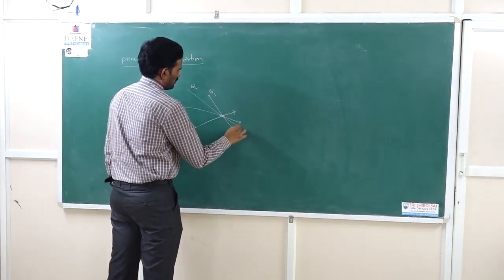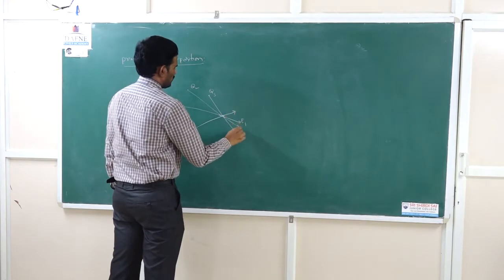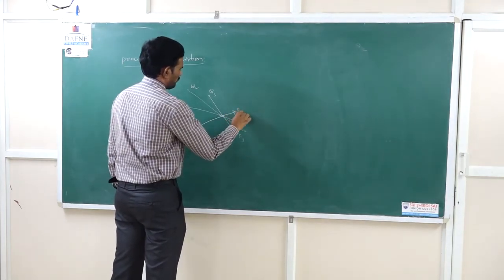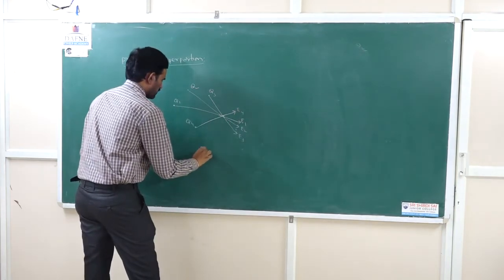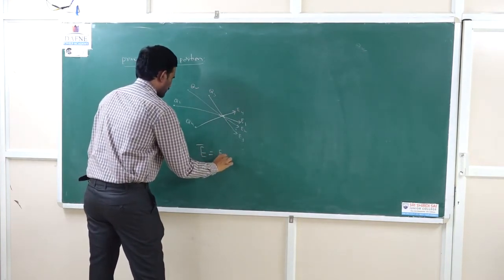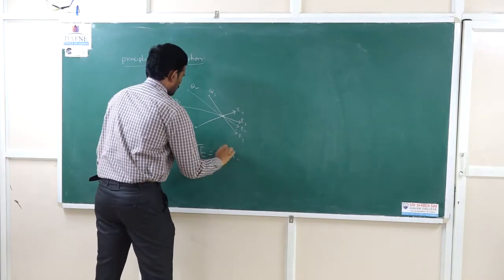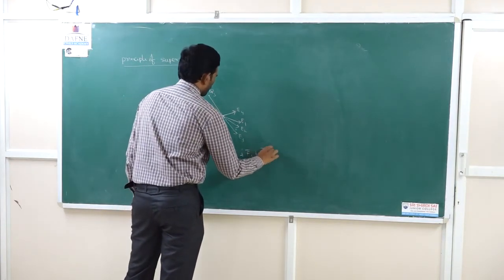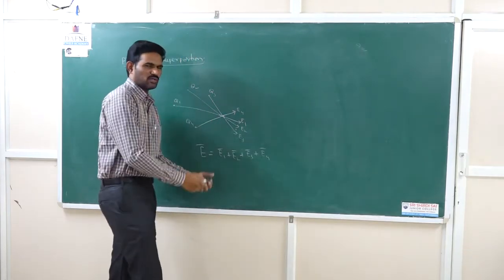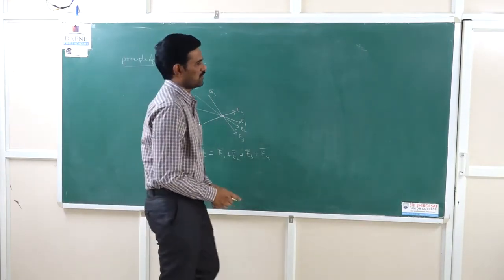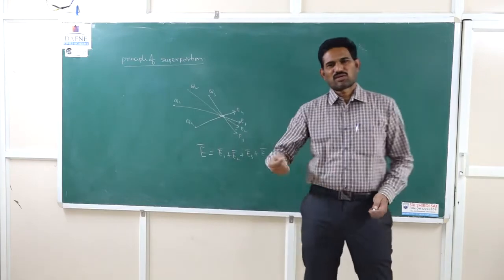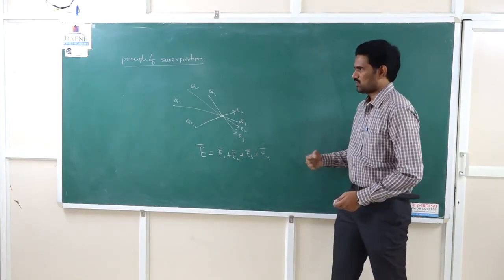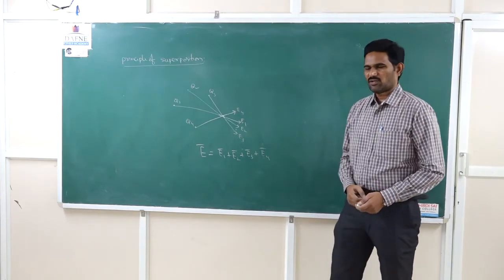Here I may mention the directions like this is E1, E2, E3 and this is E4. Then the resultant electric field at this point I can write as E1 bar plus E2 bar plus E3 bar plus E4 bar. If more number of charges are there in the distribution, you can add them and so on. So like that we find the field strength due to individual charges and we add them to get the resultant field at that point.